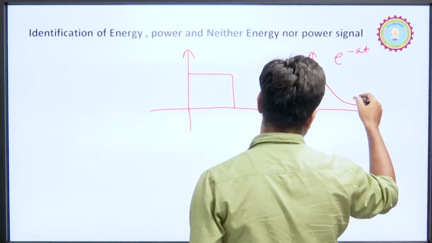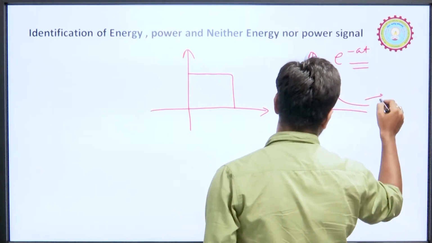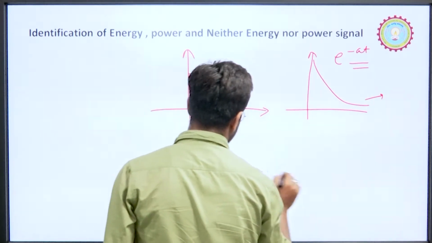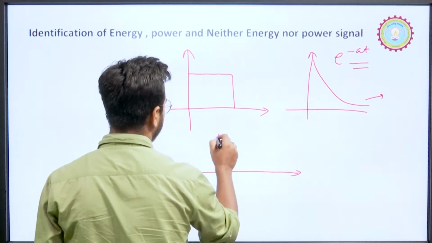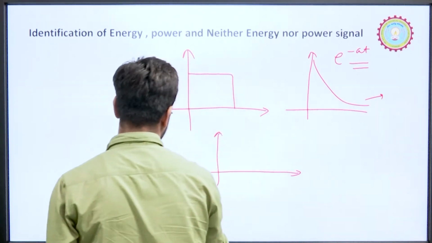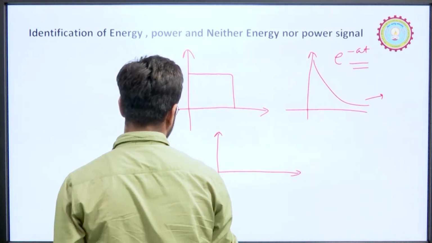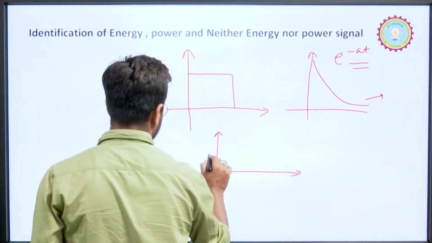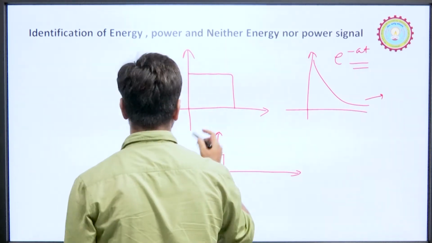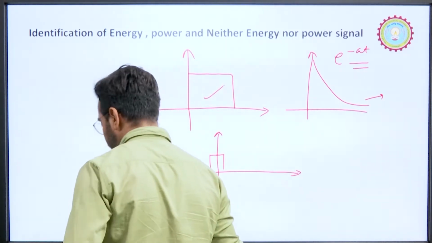This signal has decreasing magnitude. Also, if there is a periodic signal, for example, and this was the first condition where the duration was finite.